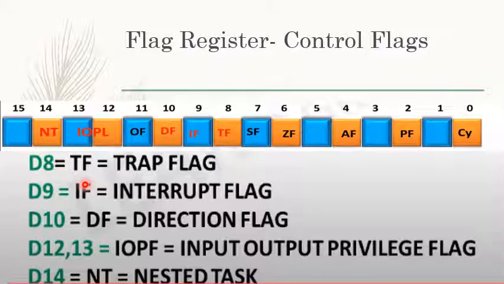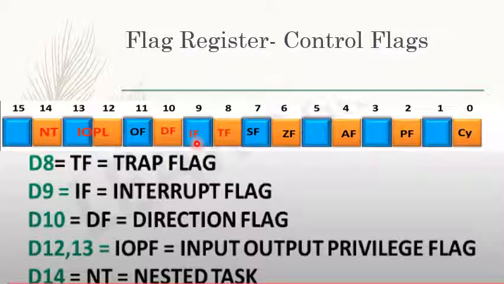Bit D8 is the trap flag. Once set, a single step interrupt occurs after the next instruction executes. The trap flag is cleared by the single step interrupt. Bit D9, interrupt enable flag.